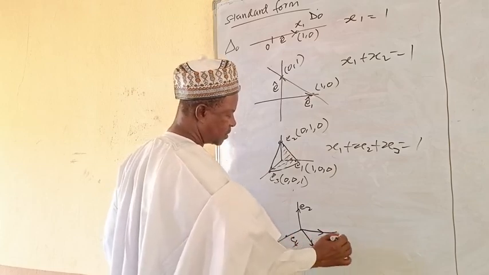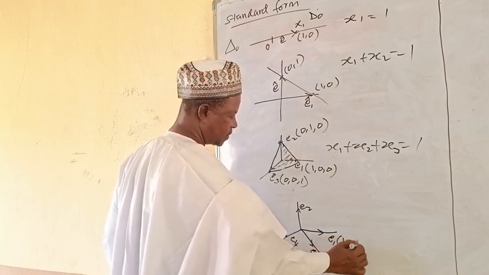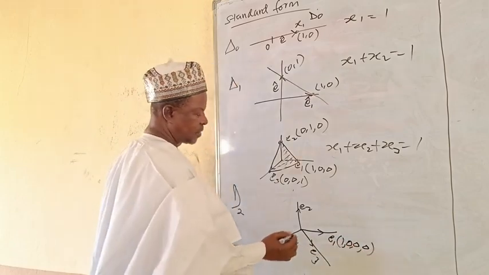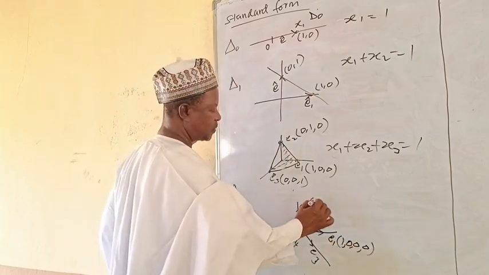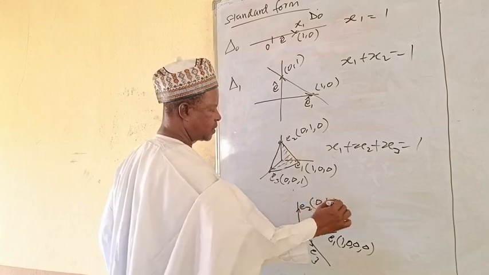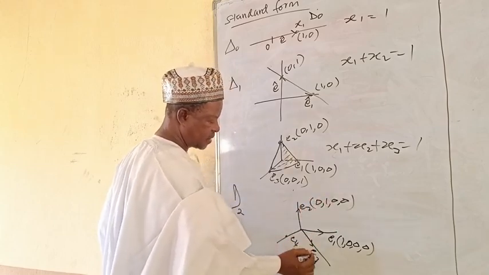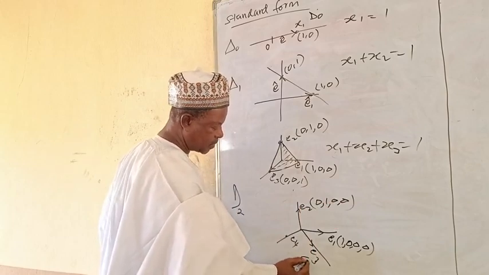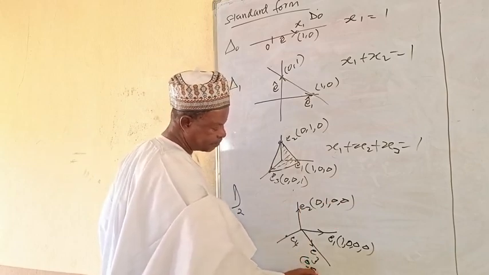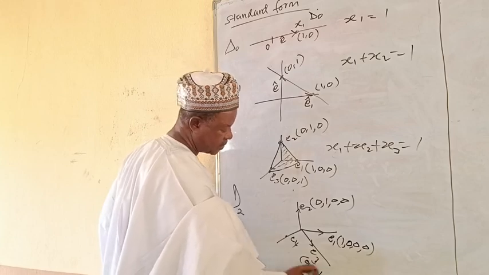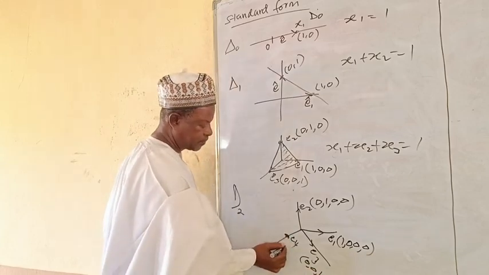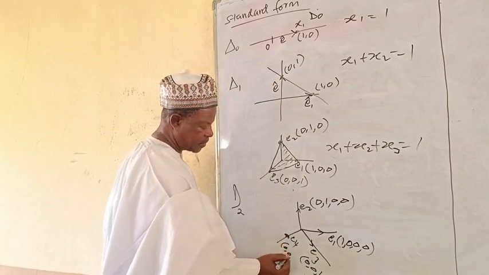So E1 is what? 1, 0, 0, 0. What of E2? 0, 1, 0, 0. What of E3? 0, 0, 1, 0. What of E4? 0, 0, 0, 1.